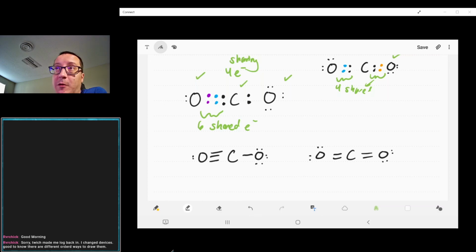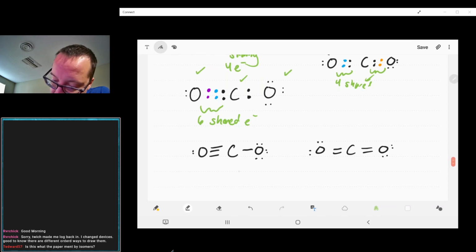And technically both of these are valid structures, but we had two options. Both of these work. This is not necessarily an isomer. An isomer, we'll see, is going to be something a little bit different. These are what are called resonance structures.